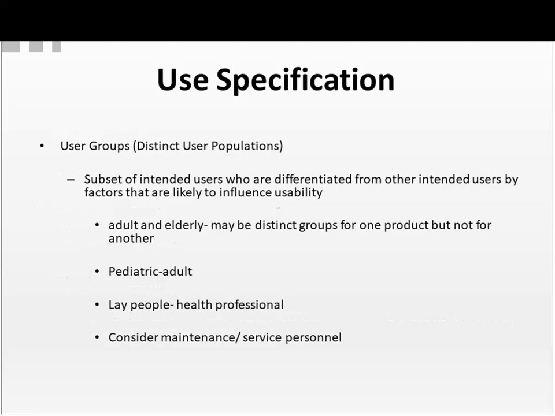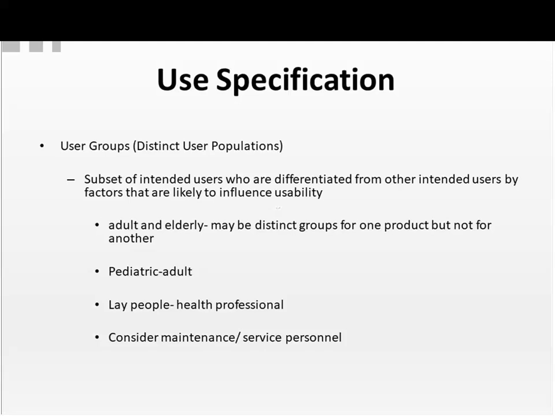We define the user groups, called the distinct user populations. The user group is a subset of intended users who are differentiated from other intended users by factors that are likely to influence usability. And what that means is you may have a group of adult people, you may have an elderly group, you may have lay people who are using the device and health professionals who are also using the device.